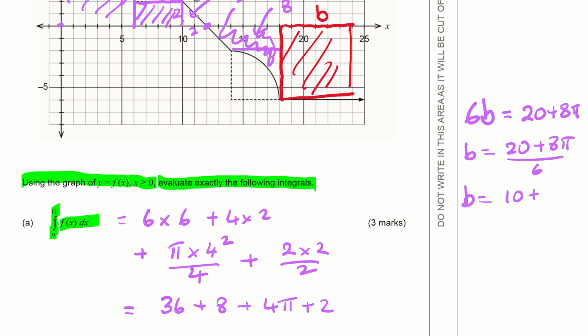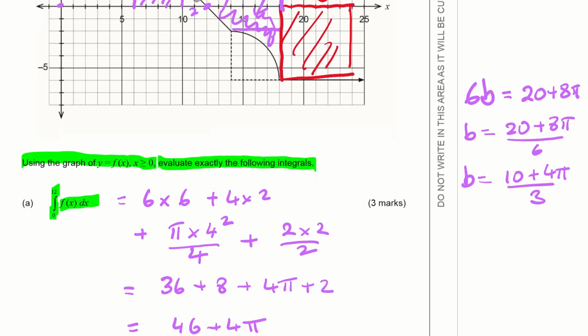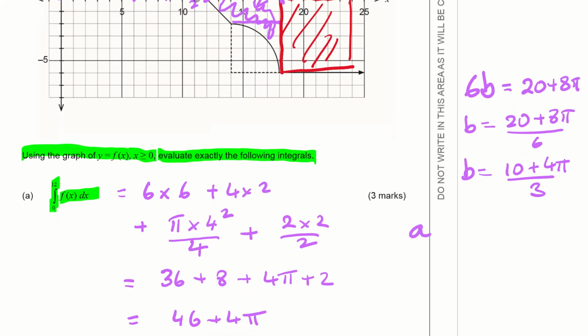Okay, so that gives me b is equal to 20 plus 8 pi divided by 6, which is 10 plus 4 pi divided by 3. So b goes from there. So a is just going to be 18 plus b, which is 18 plus 10 plus 4 pi divided by 3.